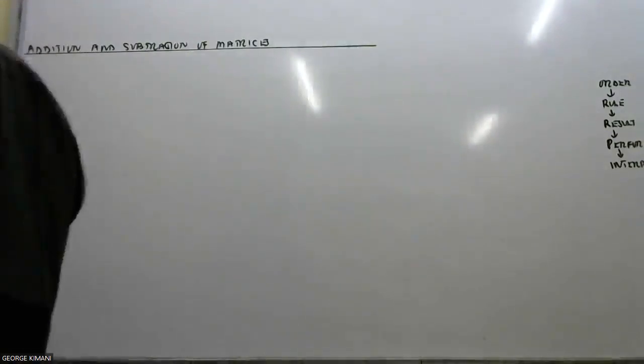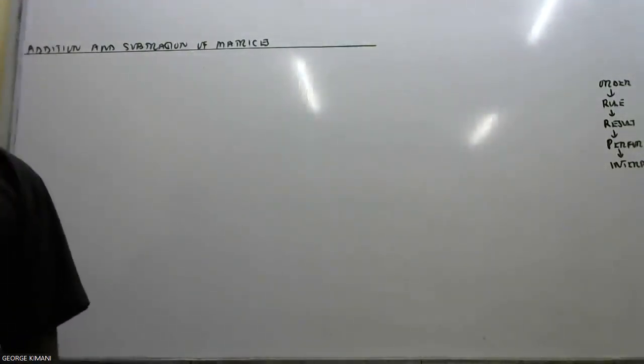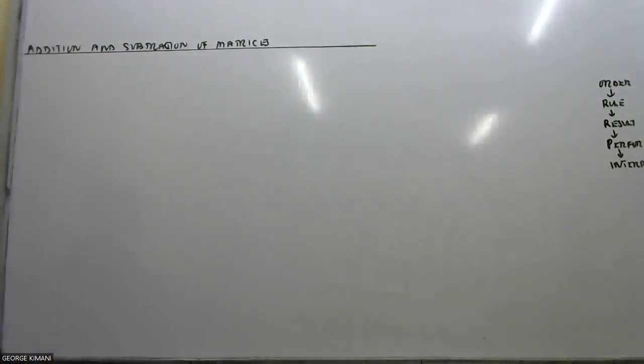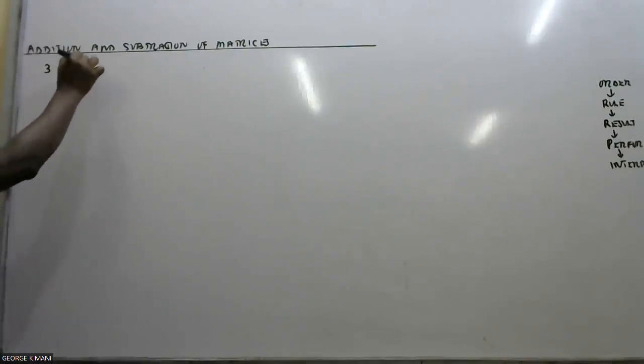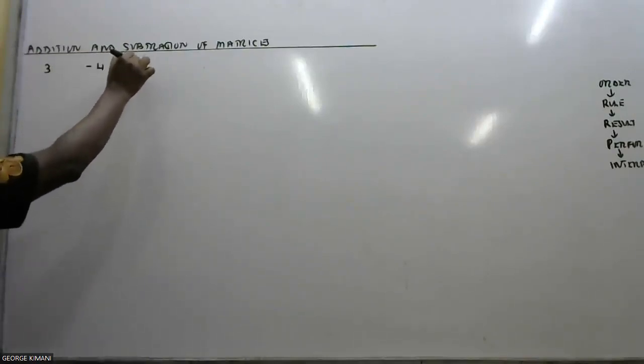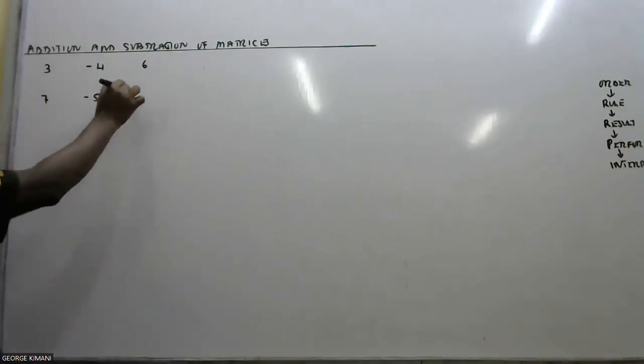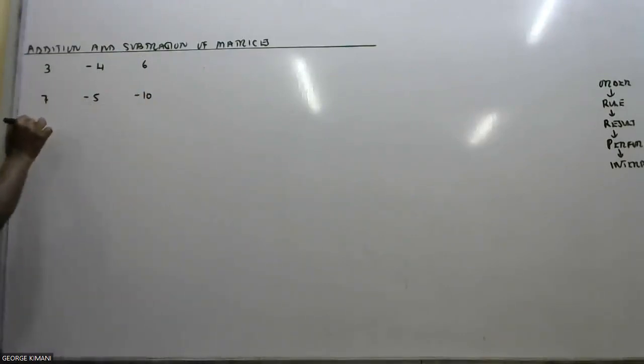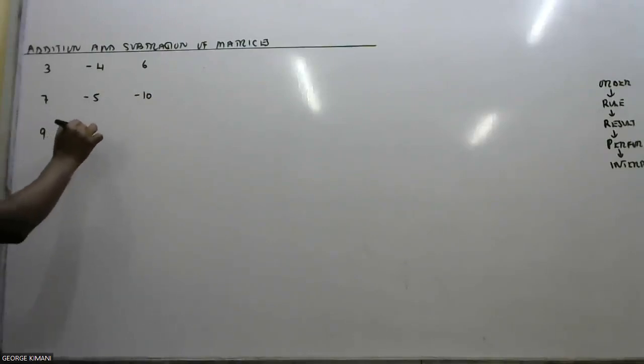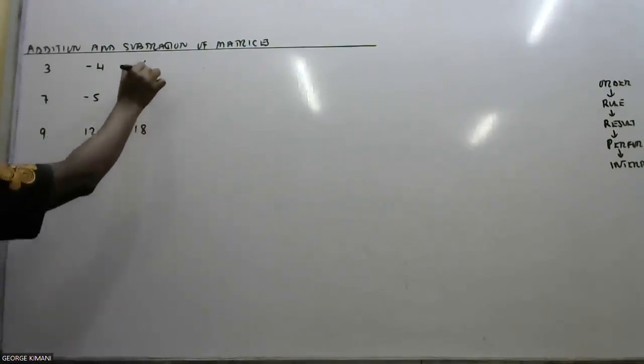So as you saw in the notes, you can only add matrices or subtract if they are the same order. So if you are told this is 3, this is -4, this is 6, this is 7, this is -5, this is -10, this is 9, this is 12, this is 18.